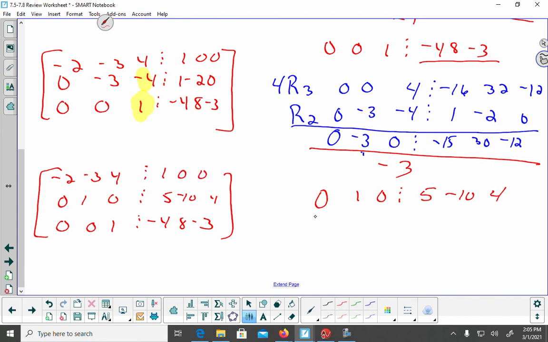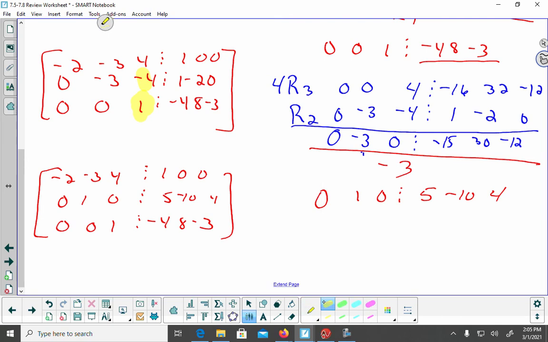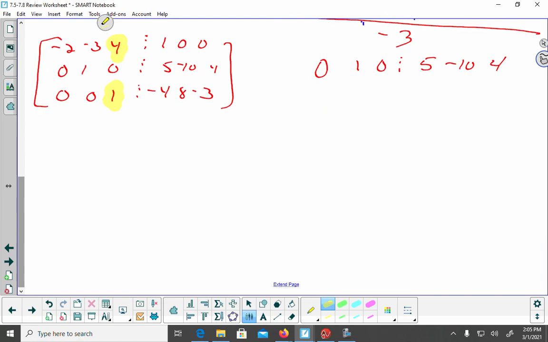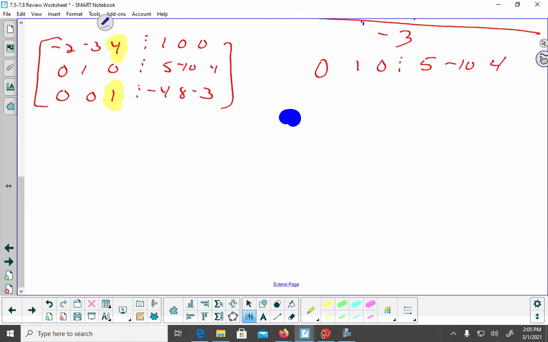It doesn't matter the order that you do these in, but according to the sheet, I am going to do row 3 and row 1 to eliminate the z. So I'm going to choose to multiply row 3 by a negative 4.